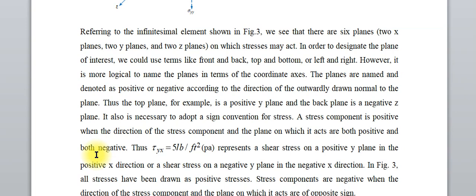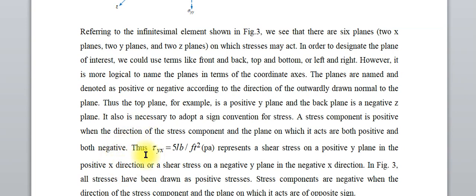So, if the plane is positive and the direction is also in the positive x direction, that will be positive. Or if the plane is negative and the direction is also negative, then again the stress will be positive.